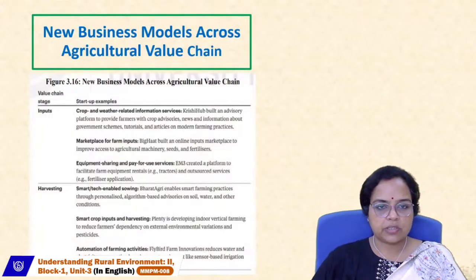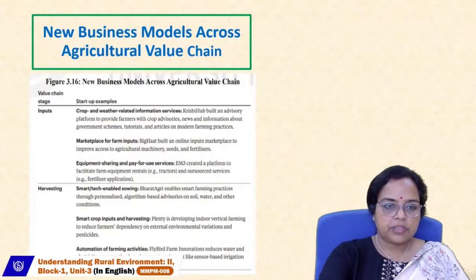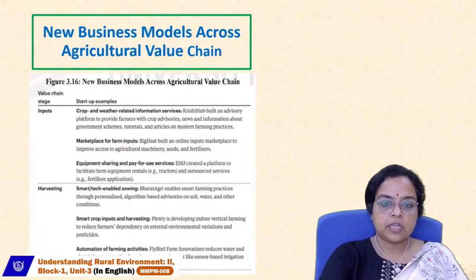New business models across the agricultural value chain. These are the business models. Startup examples like crop and weather related information services. Krishi Hub built an advisory platform to provide farmers with crop advisories, news and information about government schemes, tutorials and articles on modern farming practices.